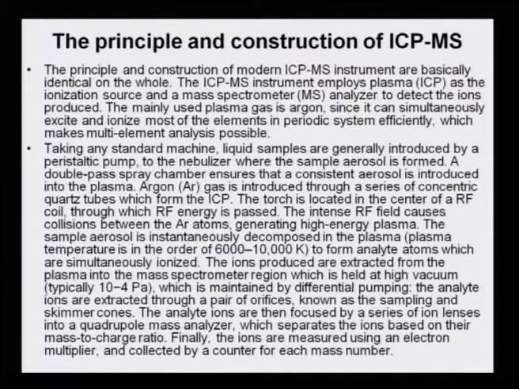So, the latter part of the mass spectrometer remains the same. There is a quadrupole acting as an analyzer, and all these analytes, when they come in contact with this, are actually made to pass through two types of orifices, that is two types of apertures, and these apertures are called the sampling and the skimmer cones.